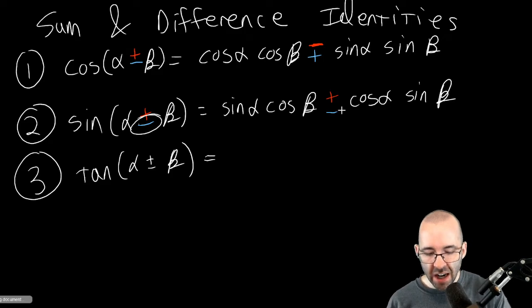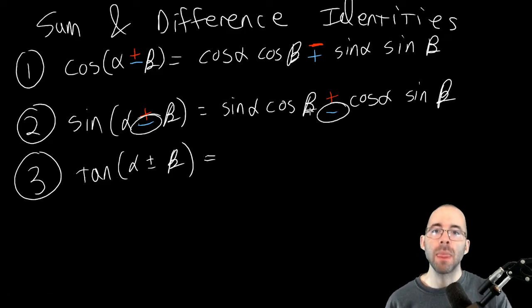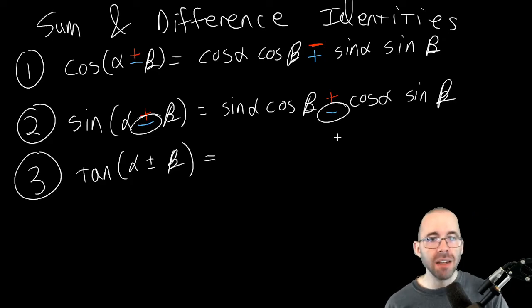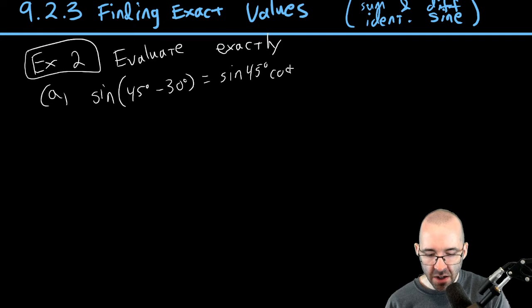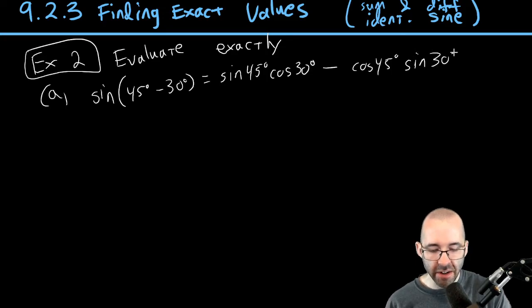So if we're using subtraction here, we use subtraction here. So it'll be sine of the first, cosine of the second, minus cosine of the first, sine of the second. All right, so sine of 45 degrees, cosine of 30 degrees, minus cosine of 45 degrees, sine of 30 degrees.